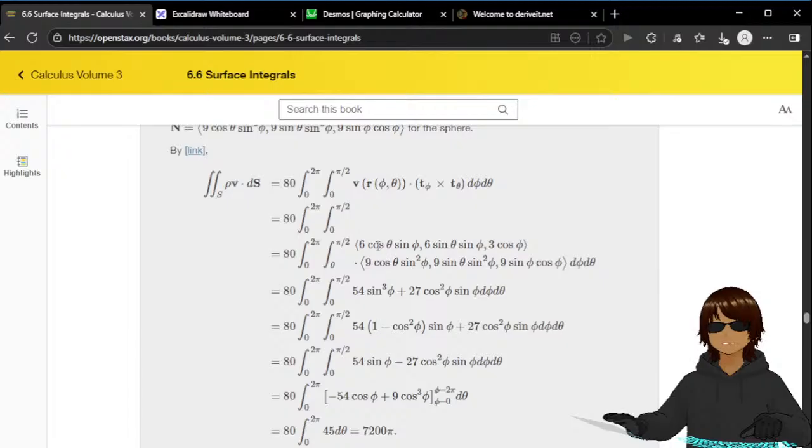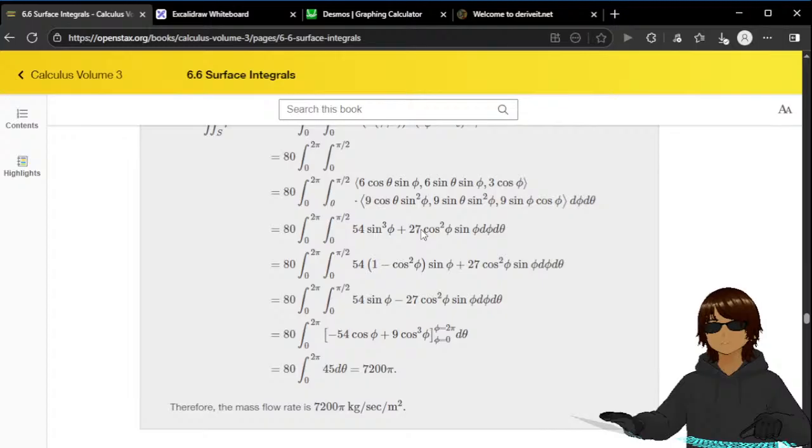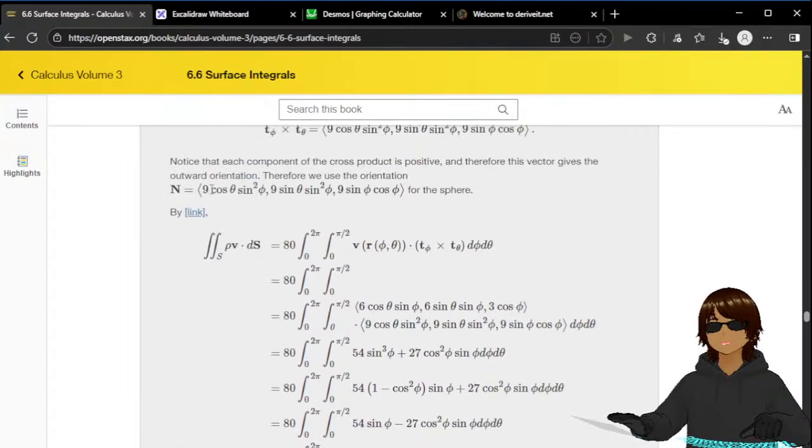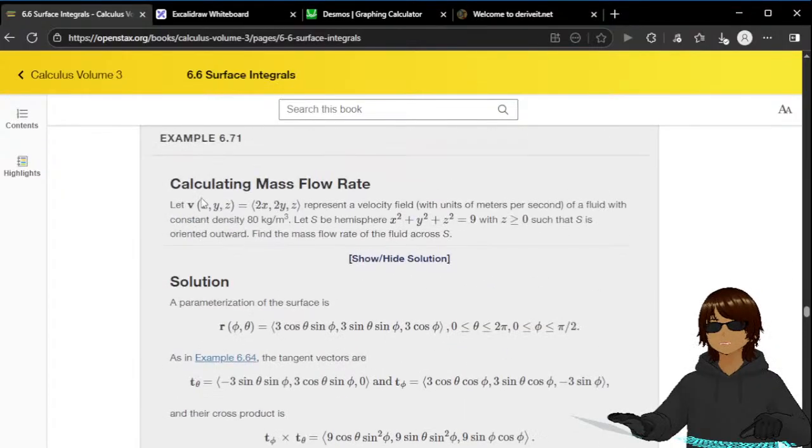Wait, what? Sine cube. Oh, yeah, cos square and sine square give 1. 3 cos phi, sine, 9 sine phi cos phi. All right. Oh, and we have to multiply the total by 80, right? So the density is 80.